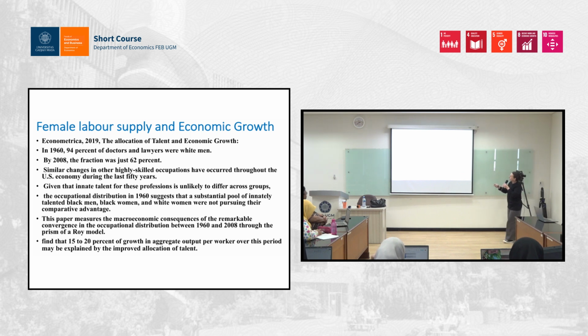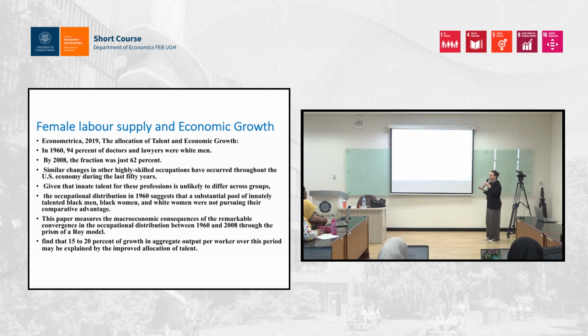So they're considering the fact that in 1960, 94% of the doctors and the lawyers were white men. So all the doctors, all the lawyers were white men in the US. But then if you get to 2008, 62% of the doctors were white men. The other 38% were white women and black men.